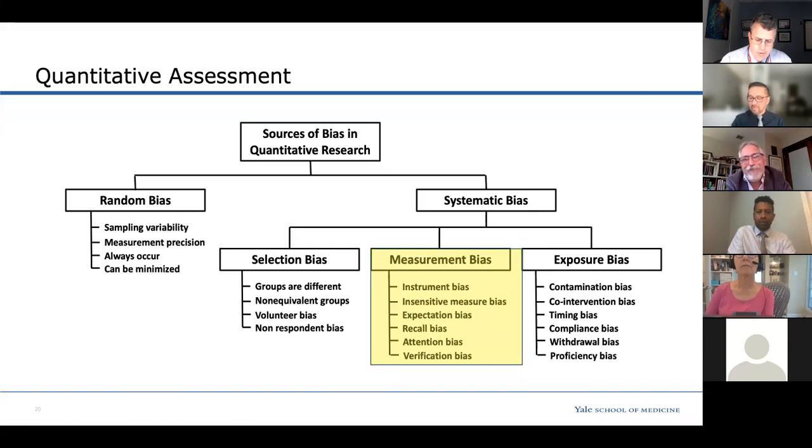And from a research point of view, there's three main topics under systematic bias, which is selection bias, measurement bias, and exposure bias. So very quickly, selection bias, who you're picking. Groups can be different. There's non-responders.